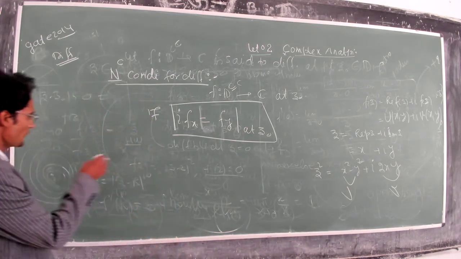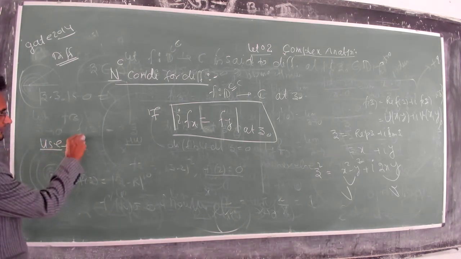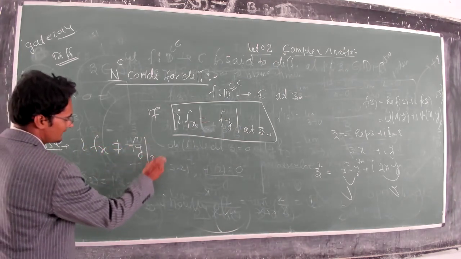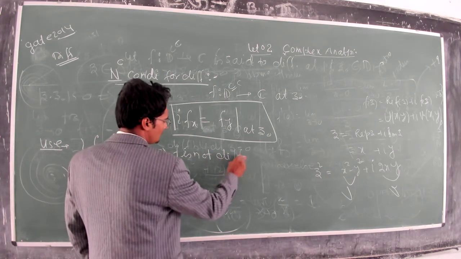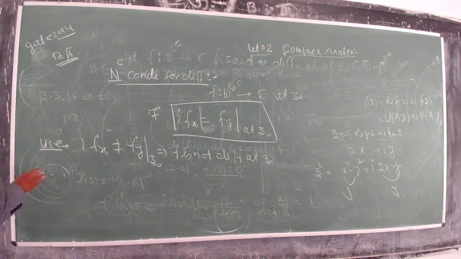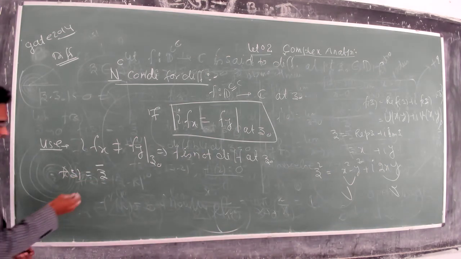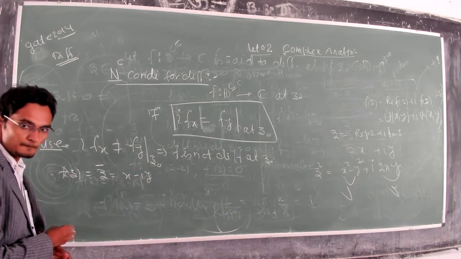For example, take one. We will check iota f_x not equal to f_y at z naught. This implies that f is not differentiable at z naught. For example, we had seen f(z) equal to z bar, right? So this will be x minus iota y.